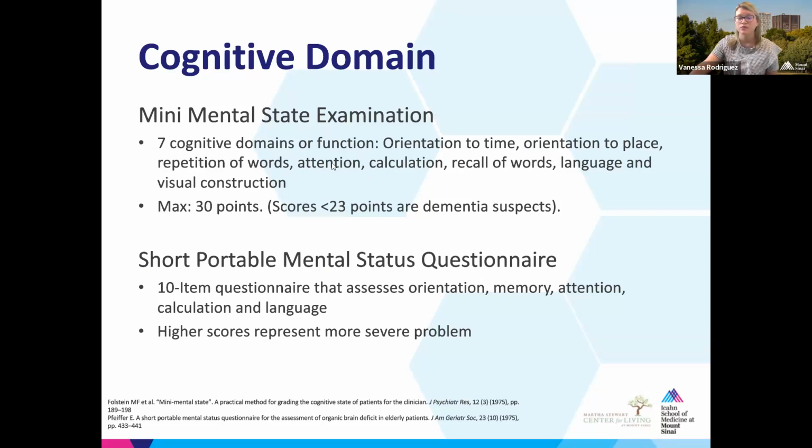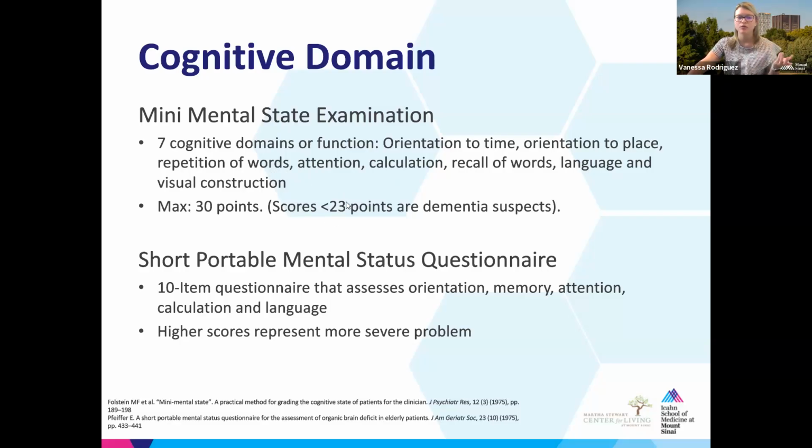And you get a max of 30 points. If a person scores below 23, you may suspect a person may have dementia. This might be a reasonable test, particularly for persons that don't have a high level of education. It might be a good test to pick up, and this could be followed up with shorter versions, which I'll talk about in a moment.